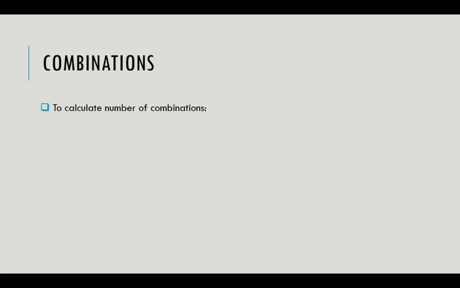Now, to calculate the number of combinations, we have to have a set with n elements. So the total number of elements in the set is n. That's the terminology that we use. The total number of options is the elements, and we indicate it as n. But then we want to find combinations of size r.